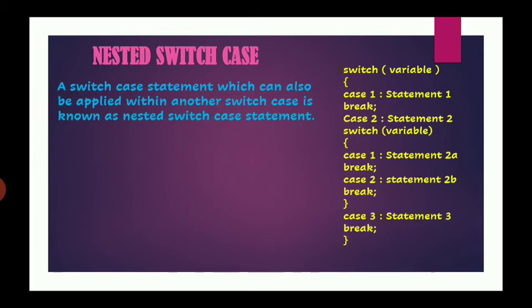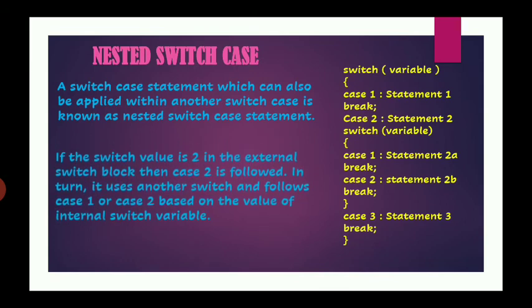display statement 3. So if the switch value is 2 in the external, meaning outside one, case 2, then the switch block, case 2 is followed. So if anybody chooses case 2, then it will enter inside the internal part.